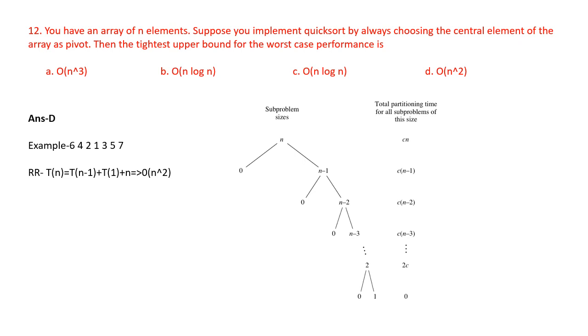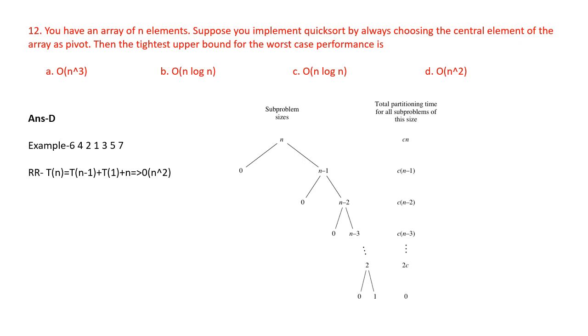So this is the worst case situation, where one part gets one element and the other part gets n minus one elements. So the worst case time complexity would be order of n square.